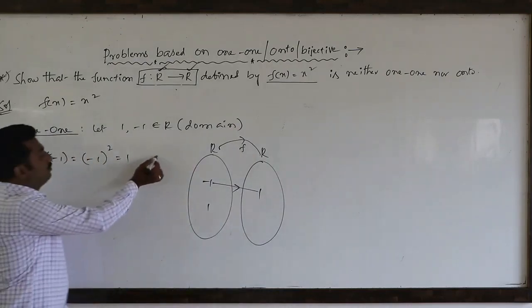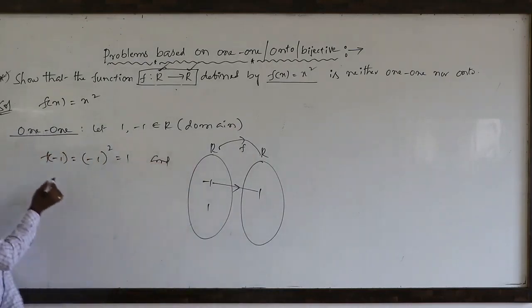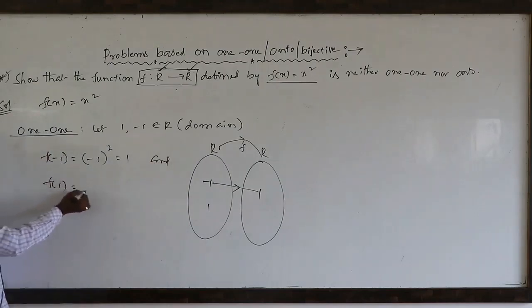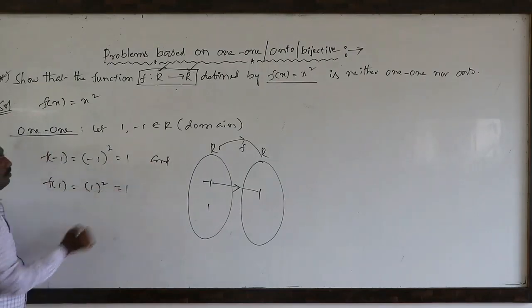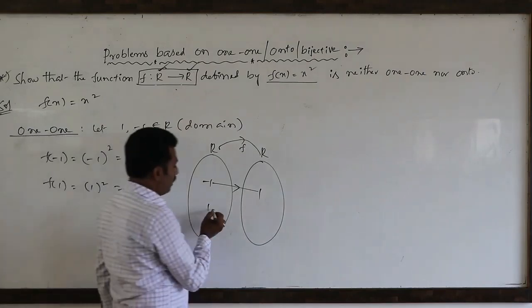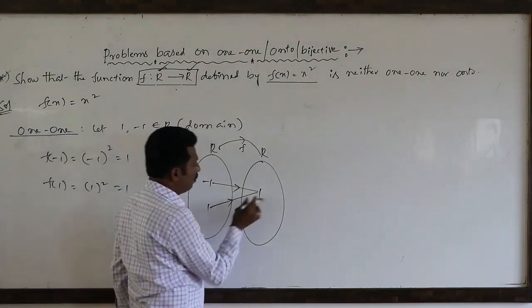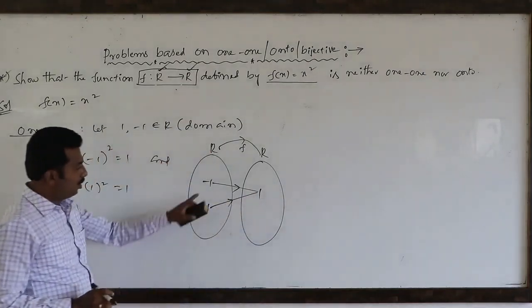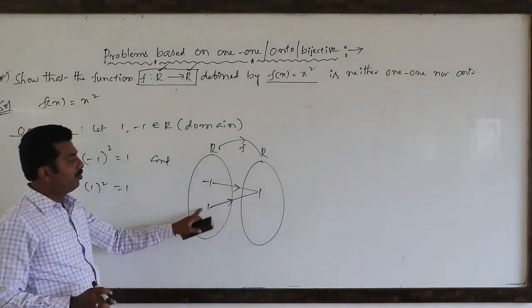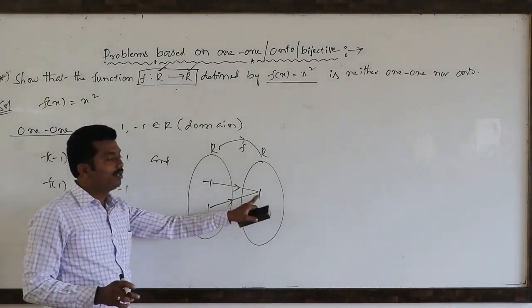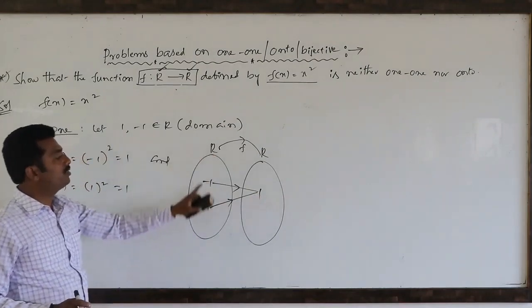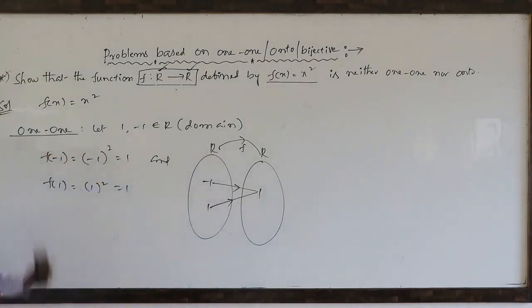And f of 1 also I am taking. 1 whole square is nothing but 1. So what is the image of 1 also? 1. See here, two distinct elements in the domain having the same image in the codomain, so f is not 1-1.